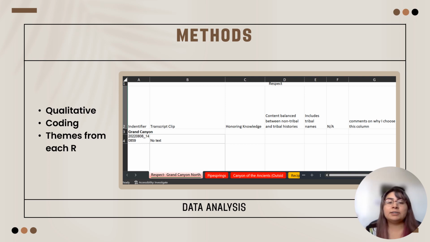Also, does this sign present a balance between native history and non-native history? And looking at just how well they use native language. Those are examples of indicators that I'm using currently to look at the data I have. I'm currently going through that right now, and hopefully we'll have results in a couple months.